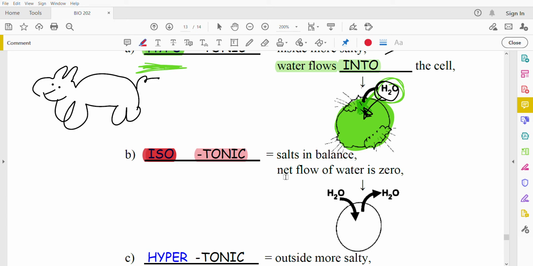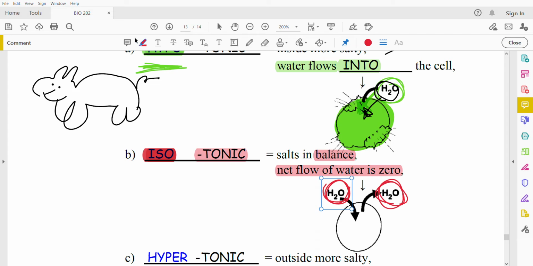When you're perfect, you do not have to change. The amount of salts are in balance, so there's no net gain or net loss of water. So the same amount of water enters into the cell as leaves the cell. So overall, the amount of water remains the same.